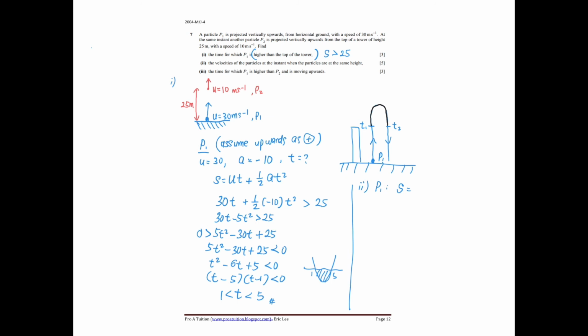We have done it just now, somewhere here. This is s, where we apply this formula, right? So we get 30t minus 5t squared. We get it from this part. I already simplified the s just now, so I just use it straight away. 30t minus 5t squared is the displacement for P1.